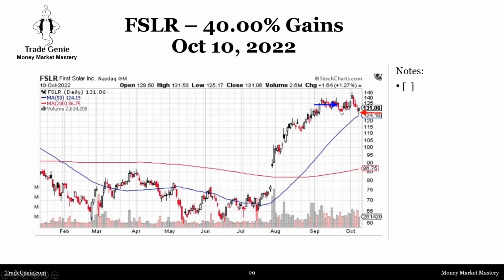How many days did it take? 1, 2, 3, 4, 5, 6, 7, 8, 9, 10, 11, 12, 13, 14. On the 14th day, I'm counting the number of days I'm in the trade and comparing it with the percentage gain. Number of days in the trade: 14, percentage gain: 40%.